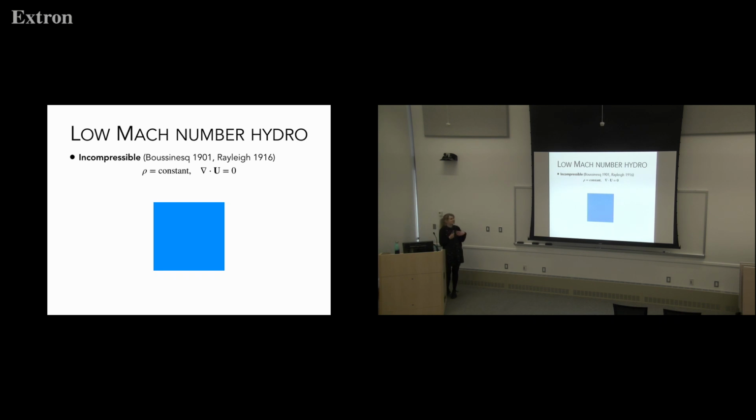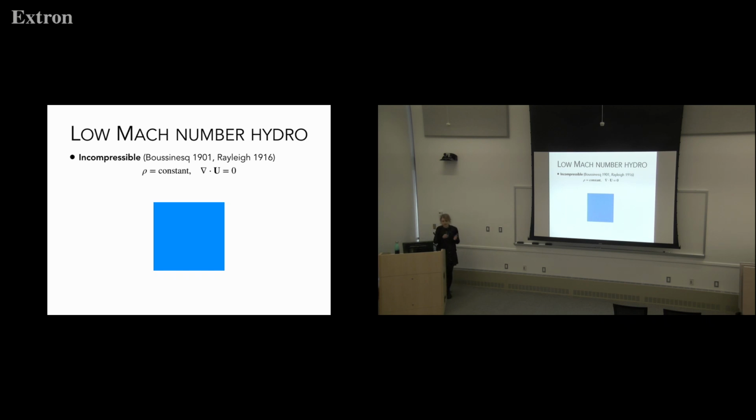Okay, so now I'm going to take you on a kind of a history lesson of the development of low Mach number methods. So excellent question. So kind of the first one of these low Mach number methods that really came about was the incompressible approximation. Looking at my beautiful image here, so the incompressible approximation essentially means that we assume that we have a constant background density in our fluid.